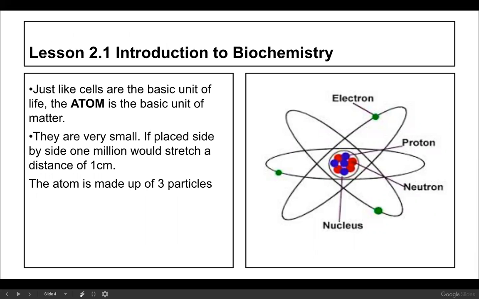Two of them are located inside the nucleus: the large, positively charged proton, with the letter P, and the large, neutrally charged neutron, with no charge, the letter N. They're both pretty big and make up the majority of the mass of the atom. Circling around those are the negatively charged, very small, very light electrons.